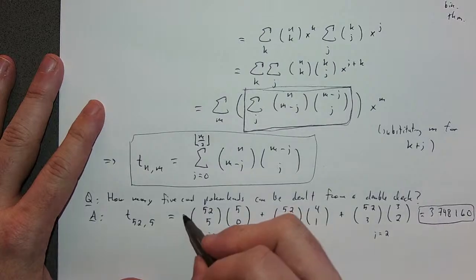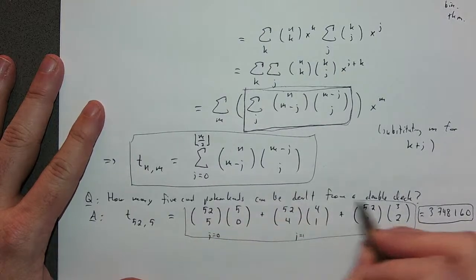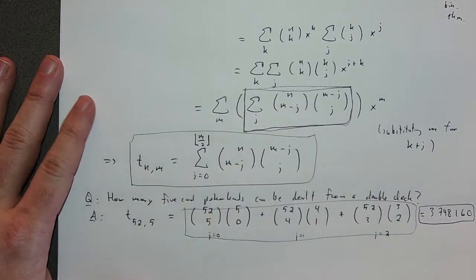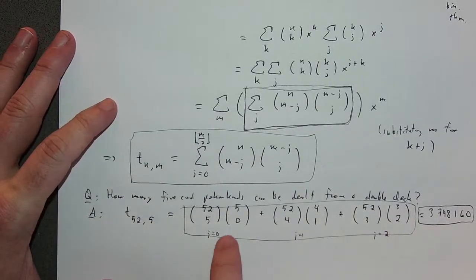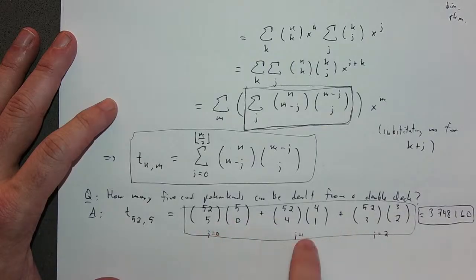Where does this expression come from? Like, apart from this generating function business, what's a way of thinking about this? Well, this is like me talking about how many cards have been repeated, right? So there's 52 choose 5 times 5 choose 0. That's just 52 choose 5.